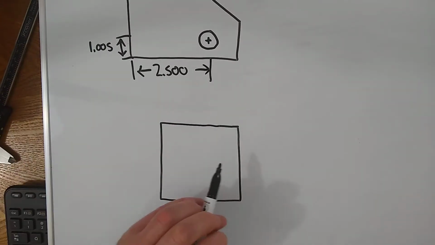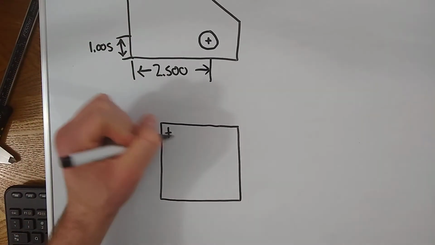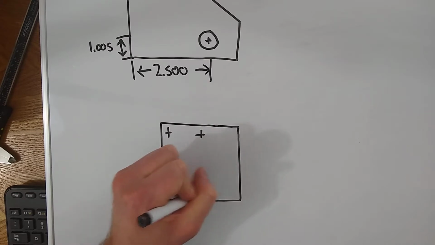Okay, so this would represent everywhere that center point could be and be within tolerance.